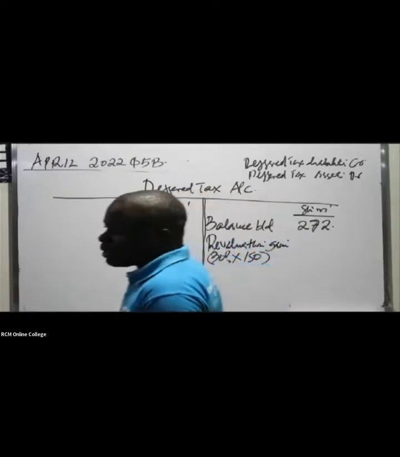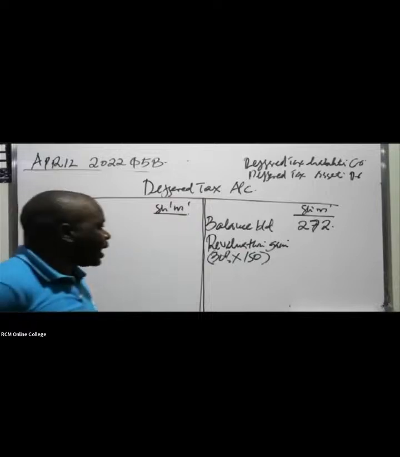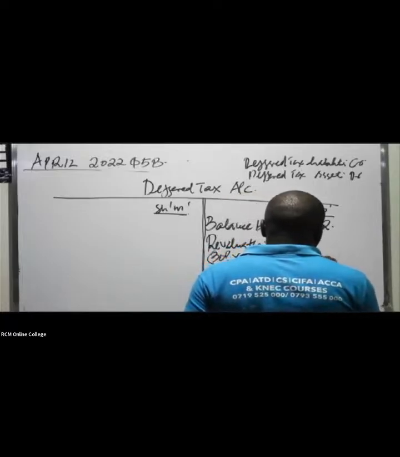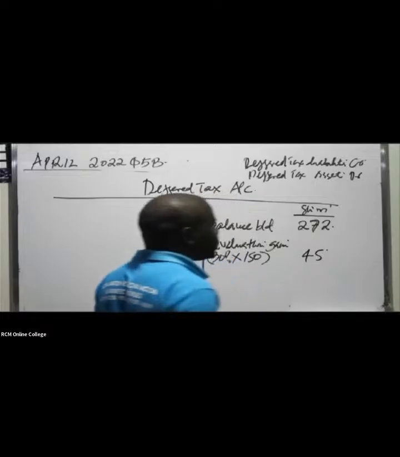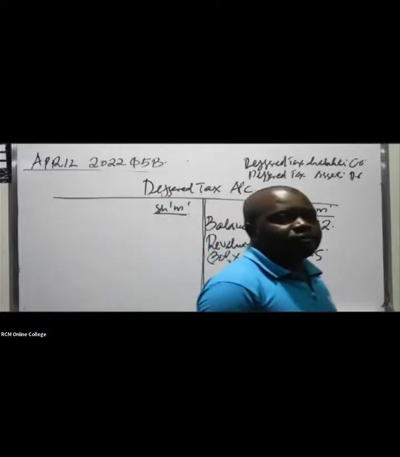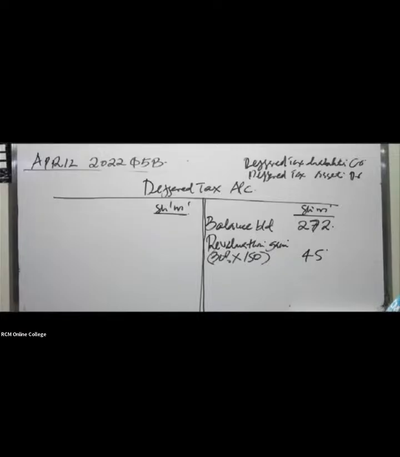So 30% multiplied by 150, and you should get an amount of 45. You get 45 like that.